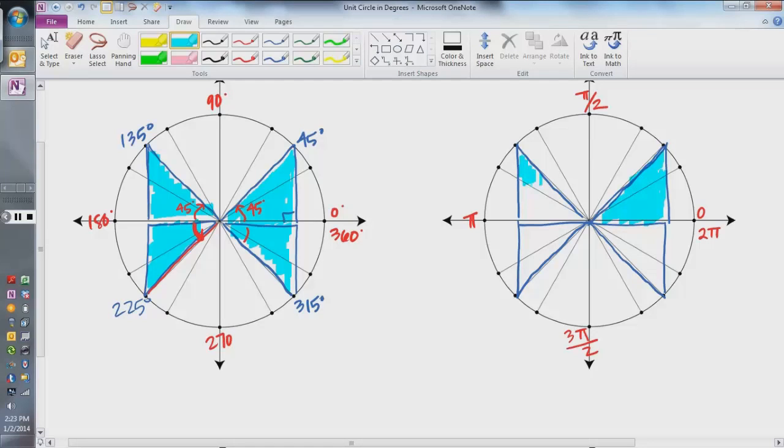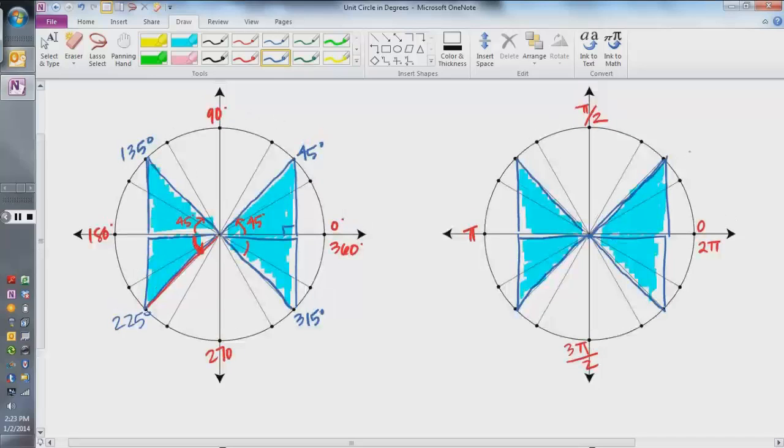Here's another 45, 45, 90, another 45, 45, 90, and another 45, 45, 90. We have 4. Just like before, where this 45 was half of my 90 degrees, this angle right here is going to be half of pi over 2. Well, half of pi over 2 is going to be pi over 4.